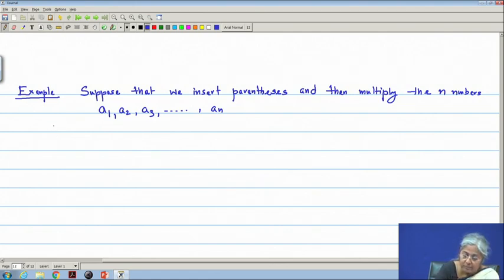Say for example, n equal to 4. I have the numbers A1, A2, A3, A4.